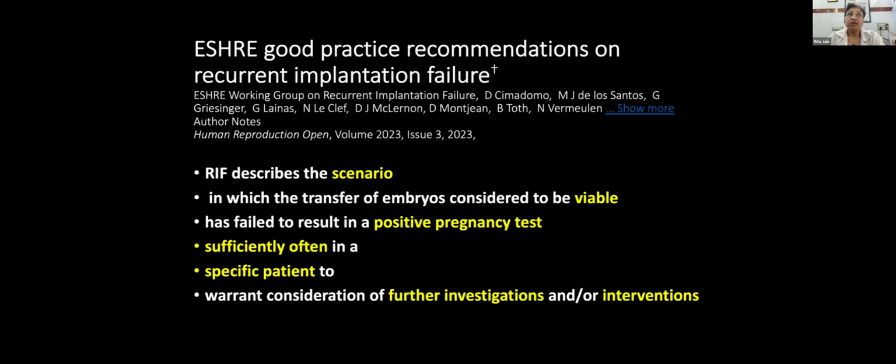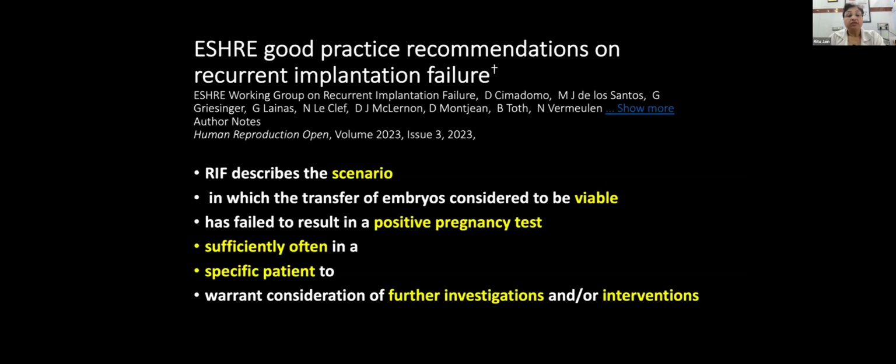Viable means they have to be tested; a euploid embryo cannot be called viable until it has implanted in the endometrium and given us a positive pregnancy test. Whether the positive pregnancy test includes chemical pregnancy, biochemical pregnancy, or the take home baby rate is not defined.